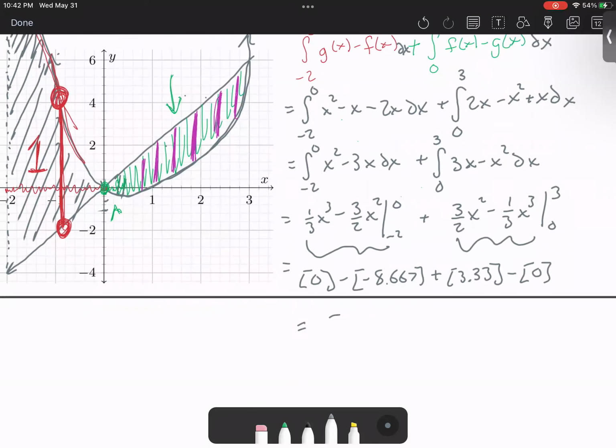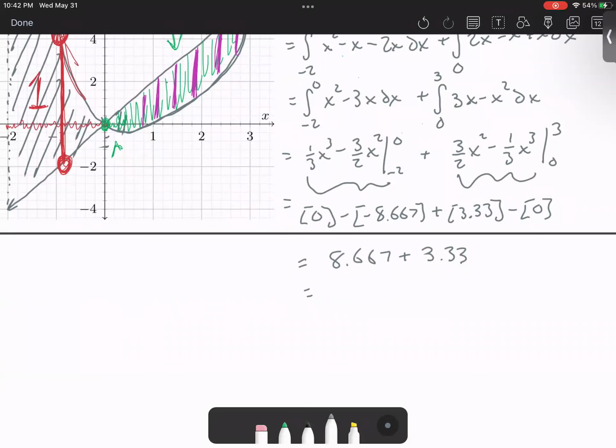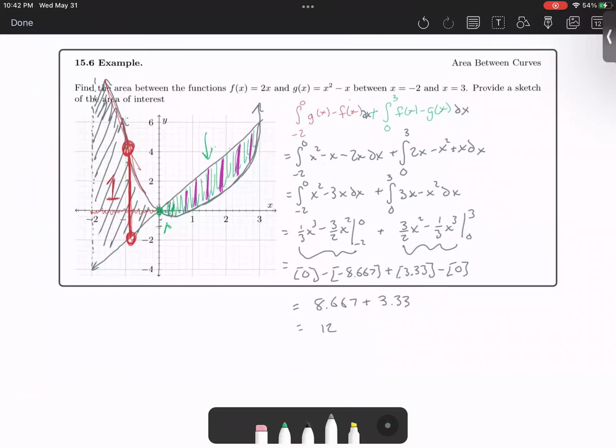So we get 8.667 plus 3.33. That's going to give us a, what, 8.667 plus 0.33 gives us a 9. 9 plus 3 gives us a 12. So that's how much area is between those two functions, between x is equal to -2 and x is equal to 3.